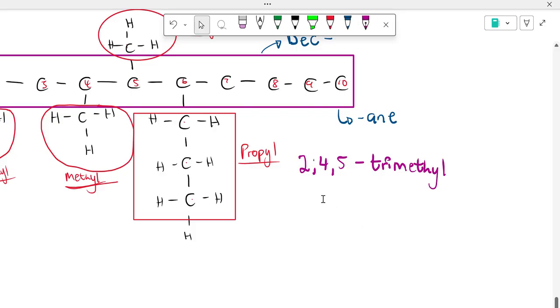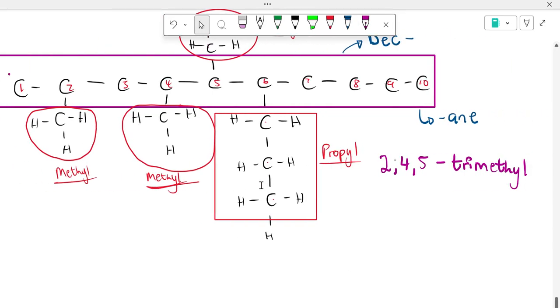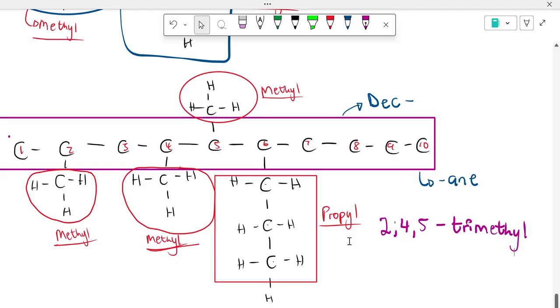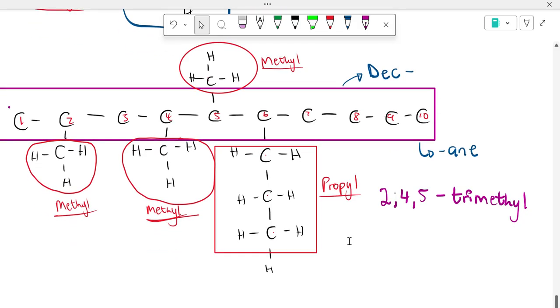Why do I say 2,4,5? Because these numbers 2, 4, and 5 tell me where all my methyls are found. The first one is on number 2, the second one is on number 4, and the third one is on number 5.